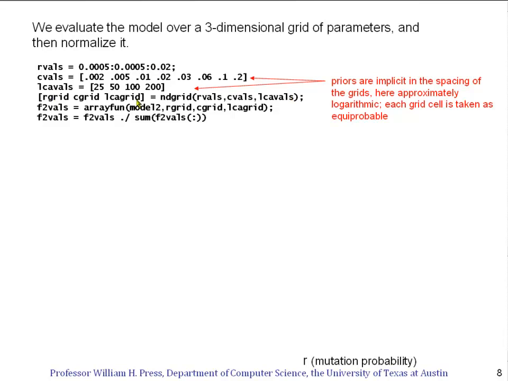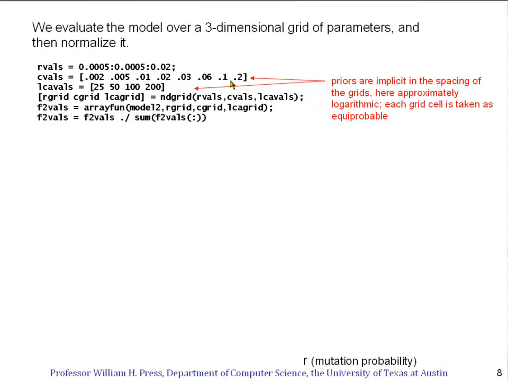I should mention here where the priors have gone. When I make this grid, it's a grid of boxes, one box for every combination of choosing an R value, a C value, and an LCA value. And what I'm implicitly going to assume is that the prior is uniform over the cells in that box.